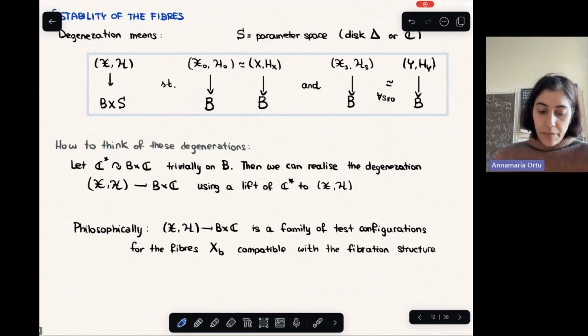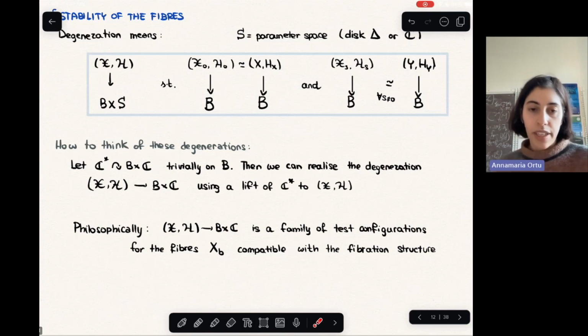And so we can think about this, although it's not really necessary to assume this extra assumption, but a way of thinking about this is to assume that we have a C star action on B times C, or B times S, that acts trivially on B, and then we can lift this C star action to curly X, curly H. And so in a sense, we can think of this as a family of test configurations.